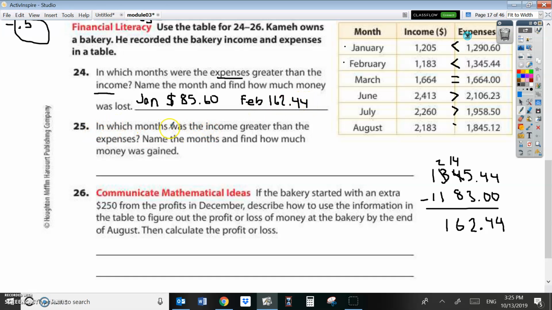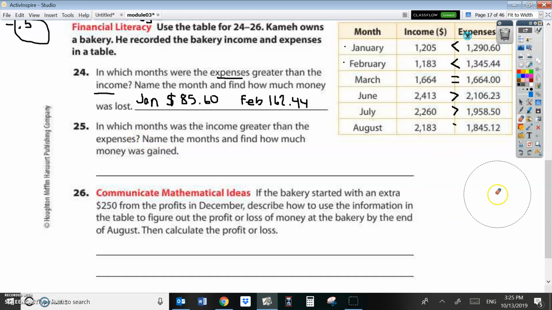In which months was the income greater than the expenses? So June, July, and August also.